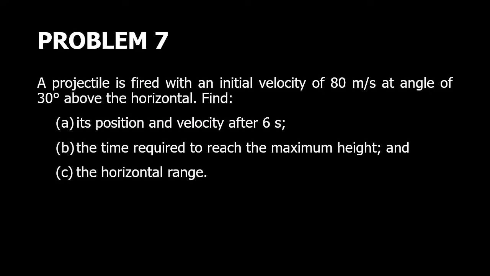Next, Problem number 7. A projectile is fired at initial velocity of 80 meters per second at an angle of 30 degrees above the horizontal. Find A, its position and velocity after 6 seconds, B, the time required to reach the maximum height, and C, the horizontal range.